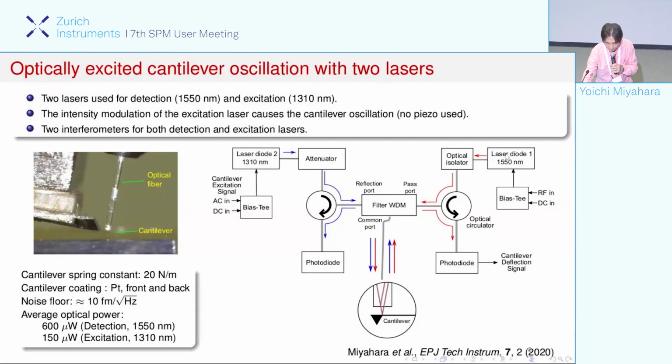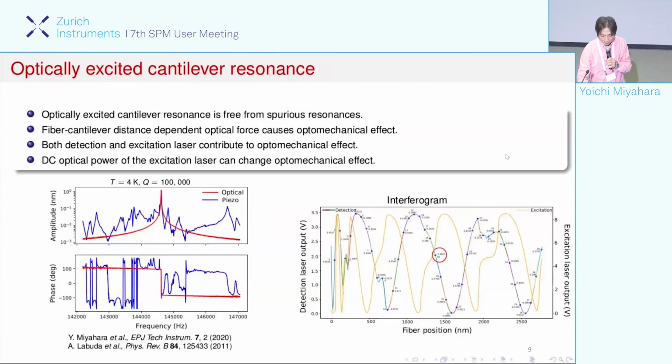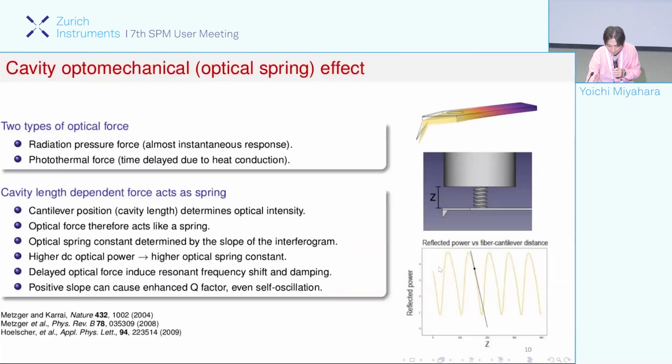This is an important part of my talk. As a result, if you measure the intensity versus fiber position or cavity length, you get 2 different interferograms. What's interesting is that the optical force acts on the cantilever, and this optical force depends on the intensity of the laser light.